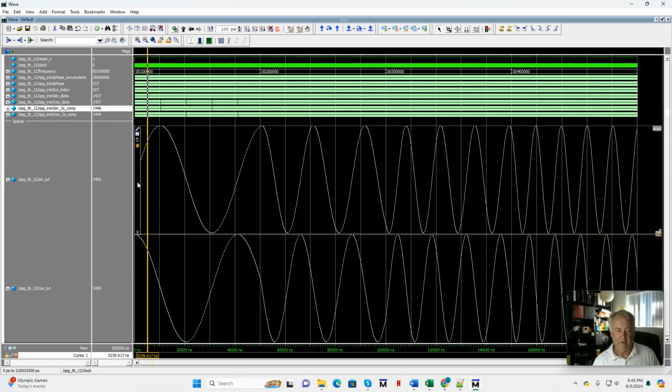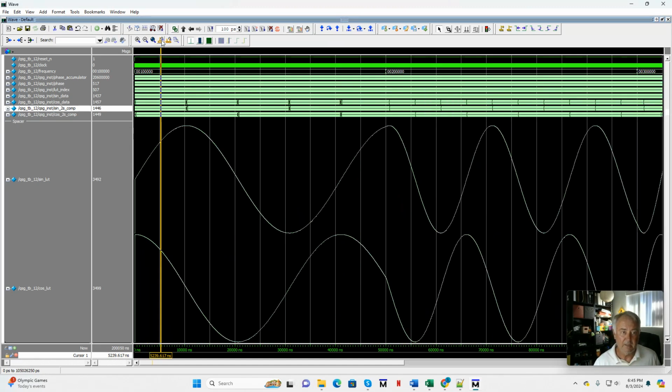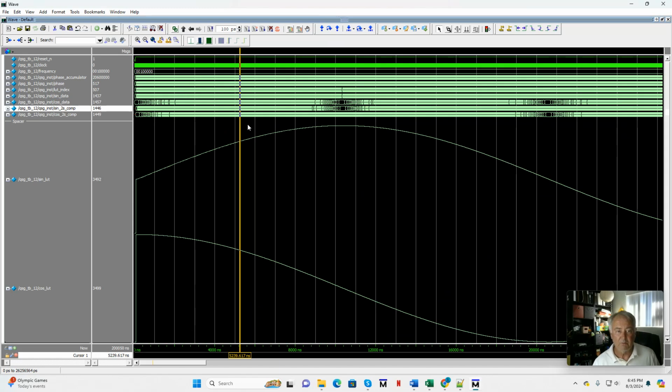So at the start of time, our LUT table index is 0, and we are in octant 0. Let me zoom in a little bit. We are traversing through the sine lookup table from 0 to 45 degrees.